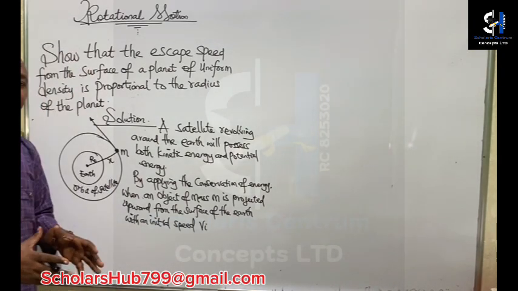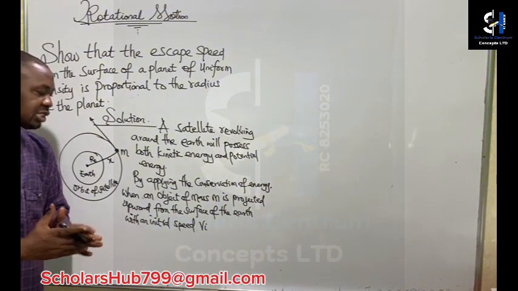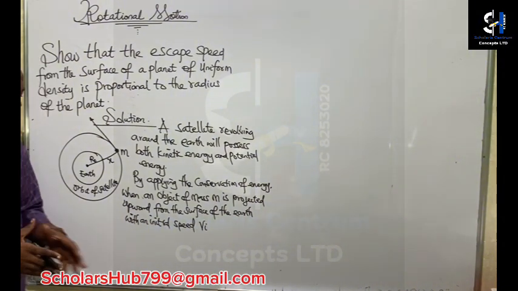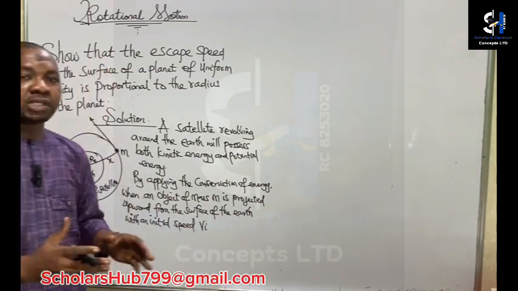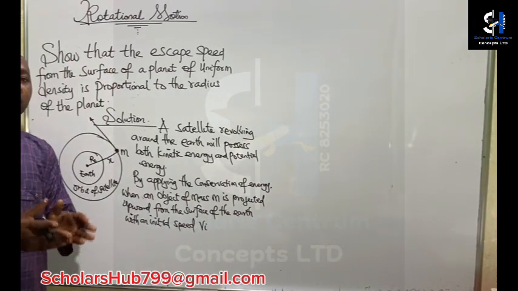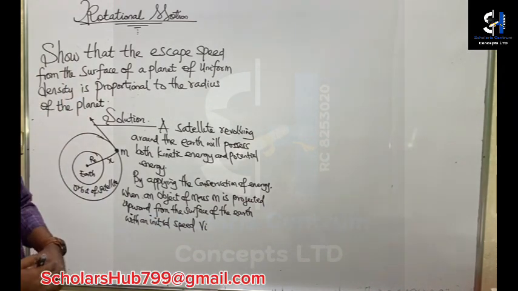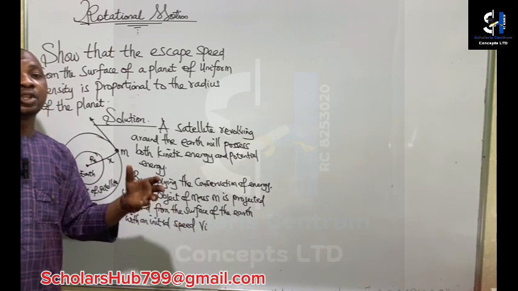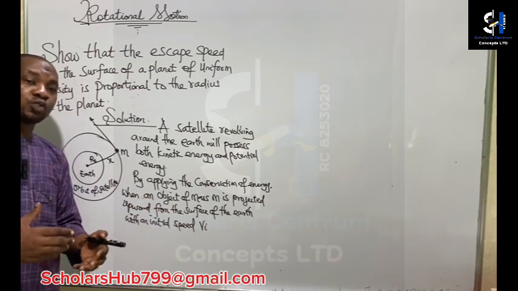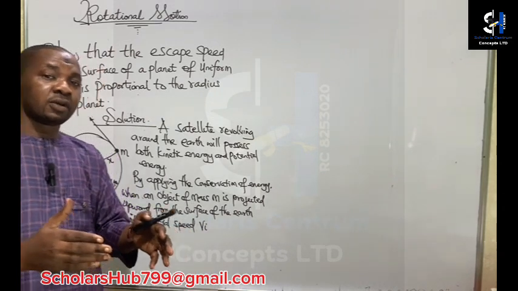To derive the formula for escape speed, it is important to know that for this vi to become the escape speed, we first need to neglect air resistance, and also assume that the value of vi is just large enough to allow the object to reach infinity at a speed of 0.